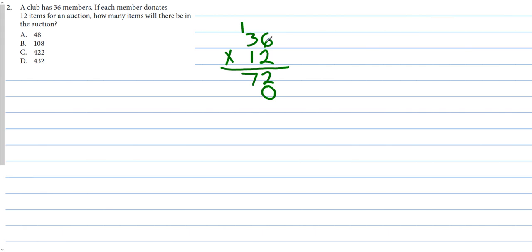And 1 times 6, we'd get 6. And 1 times 3, we get 3. And then we go ahead and add those up. 2 and 0, we get 2. 6 and 7, we're going to get 13. Carry the 1 over, and we get 432. And that would be our answer choice D.